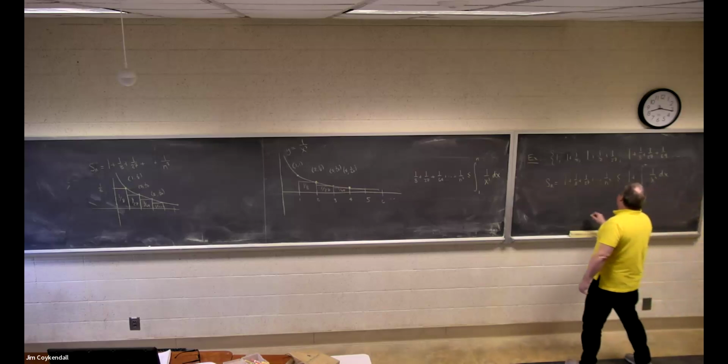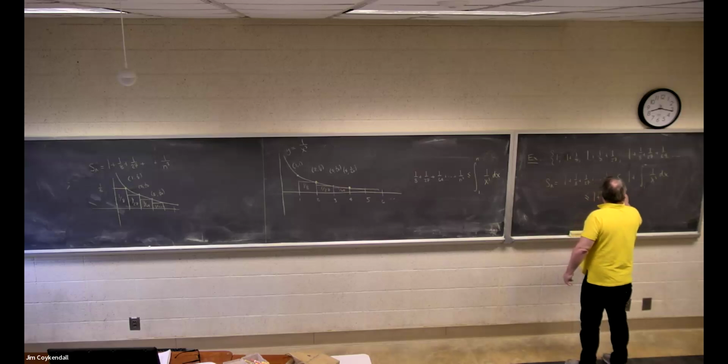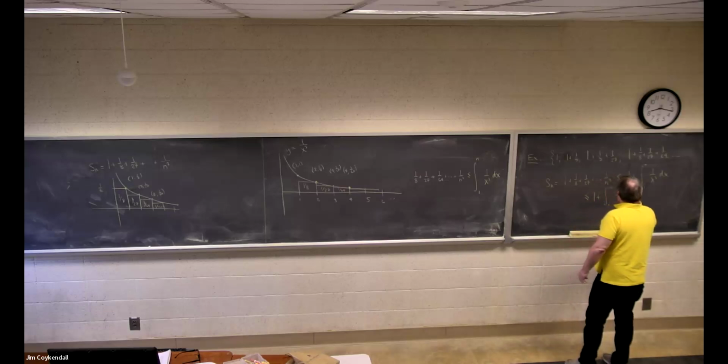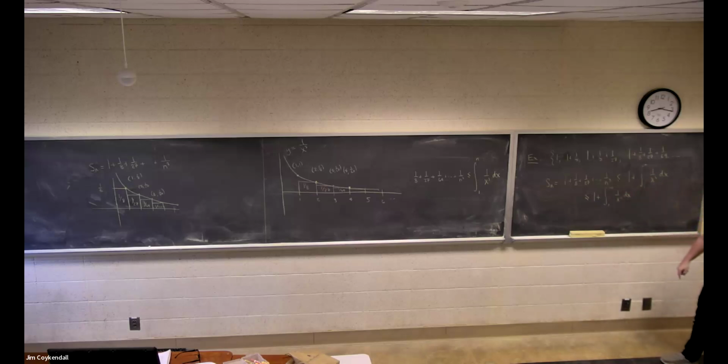And this is less than or equal to 1 plus the integral from 1 to infinity, because the integral from 1 to infinity of this is certainly bigger than the integral from 1 to n, because this function is always positive, right?